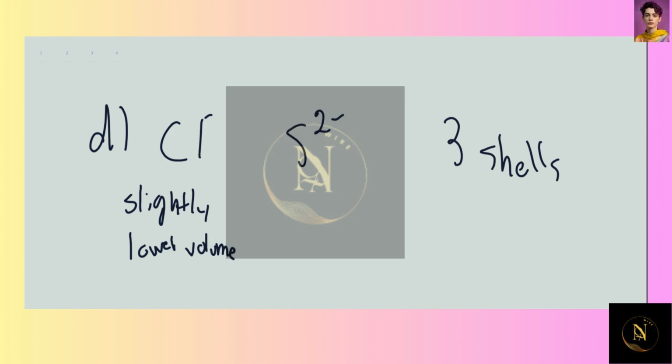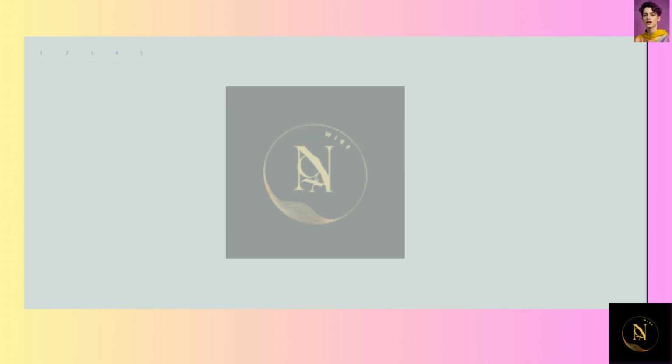However, the main part here, since the difference in volume isn't significant, they both have 3 shells, is the charge. Here I have a greater charge magnitude, and so basically a chloride ion would have a lower charge to volume ratio.